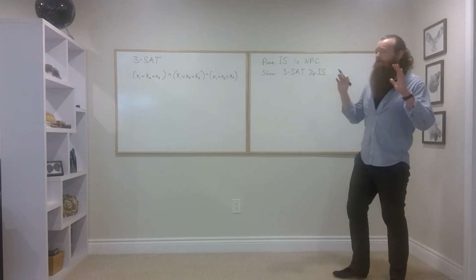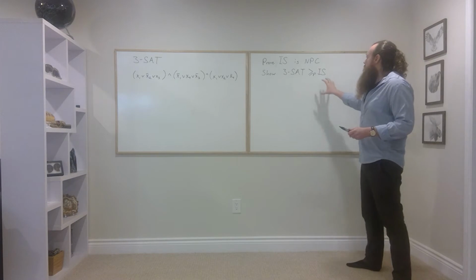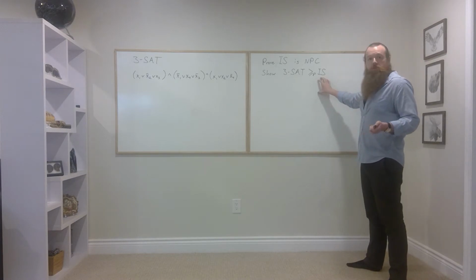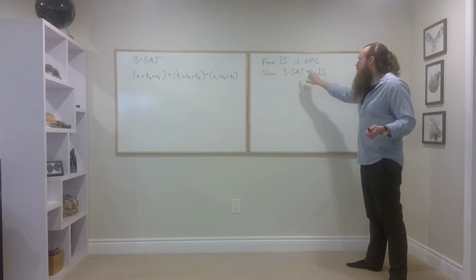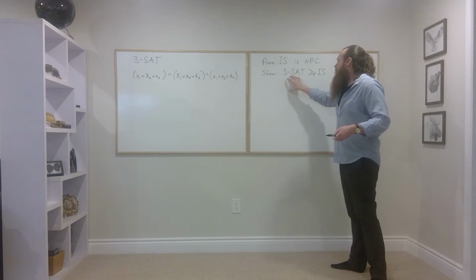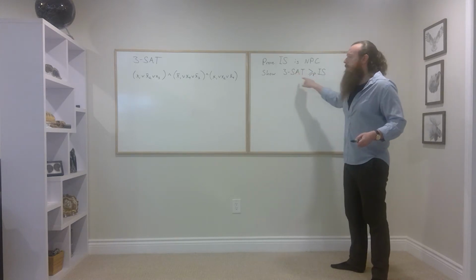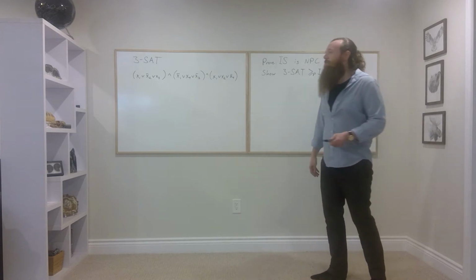It does not mean, and this is one of the most common fundamental mistakes students make, that we have to be given a general or an arbitrary instance of the independent set problem and solve it using a 3-SAT black box. Not the case. We just have to have a general instance over here and be able to solve the general instance of 3-SAT using independent set, not vice versa. Okay.